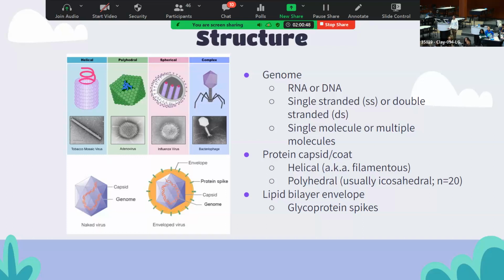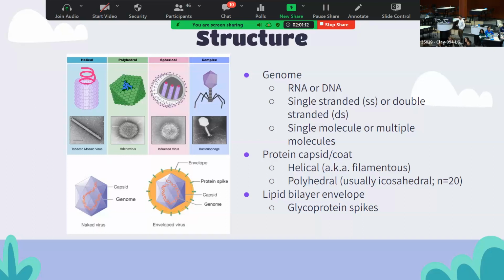The two you need to remember really are helical, also called filamentous, and polyhedral. It's usually icosahedral, so there's 20 faces. That's also called a spherical one because it approximates a sphere. You also have other shapes, and that's why polyhedral and spherical are separate in the image.